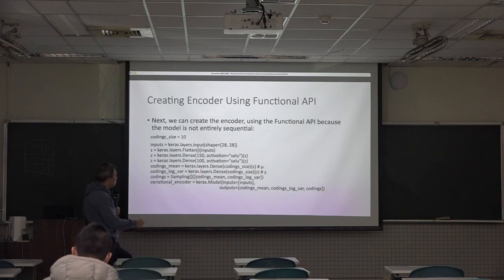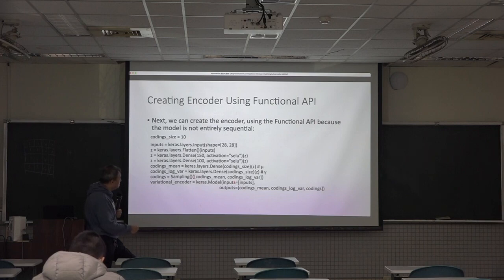So you can see this is the part where we cannot use the sequential API, because obviously we have more than one output. So coding equals sampling. You put this coding mean and the coding log var together, and then you call the sampling.